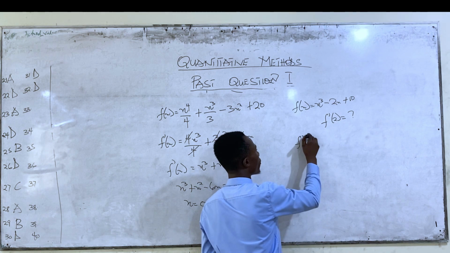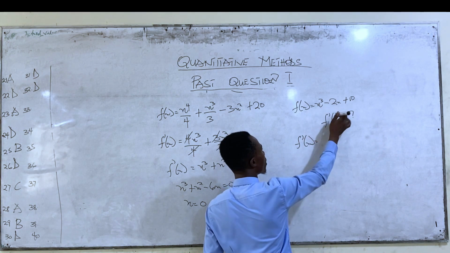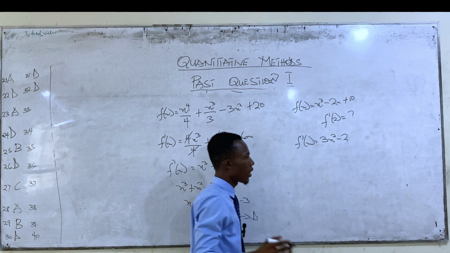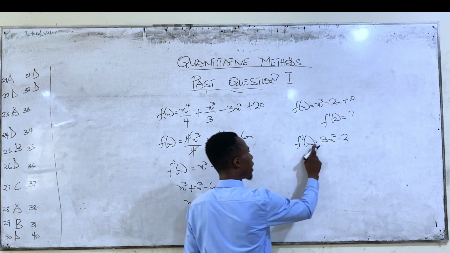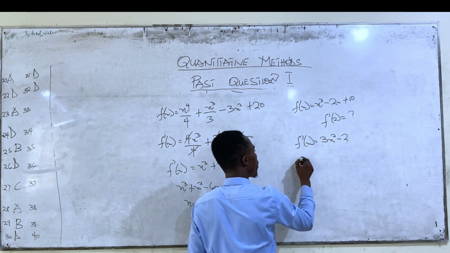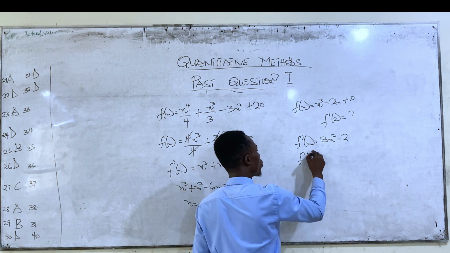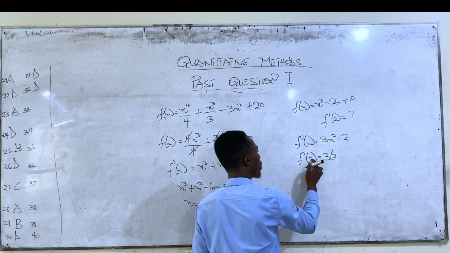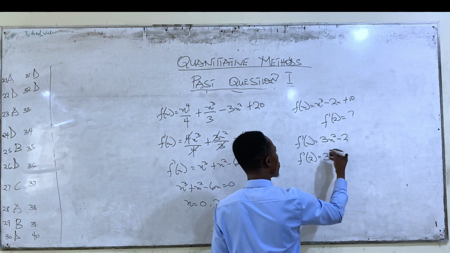So f prime of x is equal to, differentiate this, you have 3x squared minus 2. I hope you get it. Then here they are saying f prime of 2. So you substitute 2 in place of x. Wherever you see x, you put 2 there.